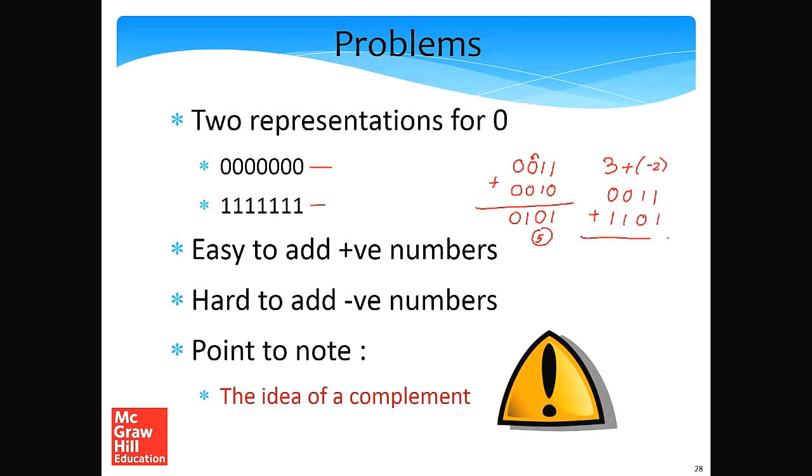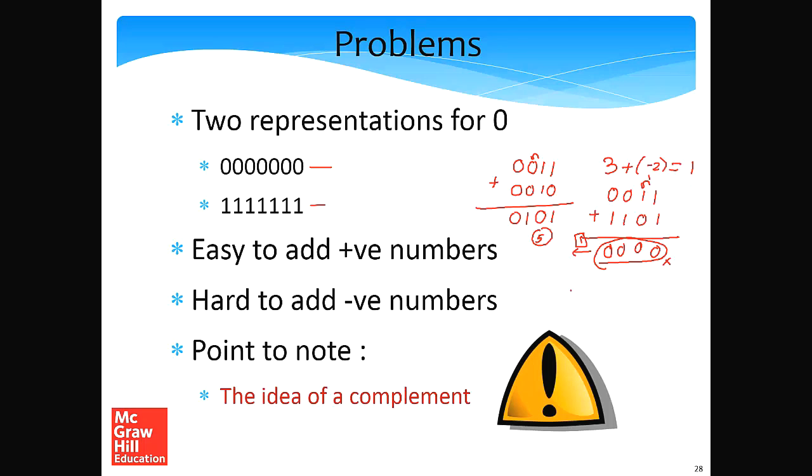Then let's add them. So 1 plus 1 is 0, and the carry is 1, because 1 plus 1 is 2. 1 plus 1 is again 0, carry 1. 1 plus 1 again 0, carry 1, again 0. So clearly this answer is wrong, and this produces an output carry of 1, which is again not correct. The answer should have been equal to 1, which is clearly not the case.